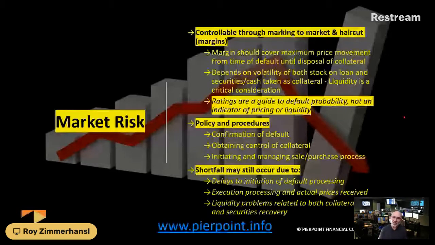Now, cross product risk. What I mean here is securities lending is part of a subsystem called securities finance. And securities finance also includes repo transactions and other margin loan type agreements. And so there is a different range of contracts that could be used. So maybe swap contracts and other derivative contracts that might come to play here.